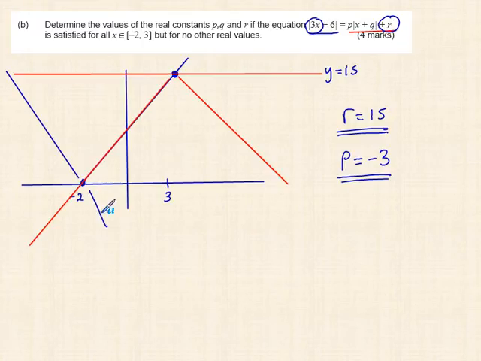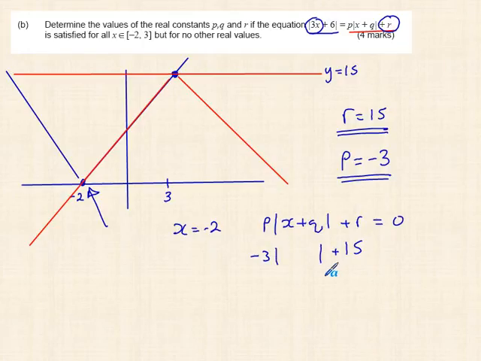Now we need it to go through this exact point, so when x equals -2, we need p mod x plus q plus r to be equal to 0. And we've already said that we're taking this as 15 and this is -3. So we're going to need x plus q to be 5 when x is -2, so that means that q would be -3.